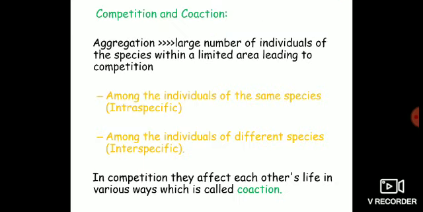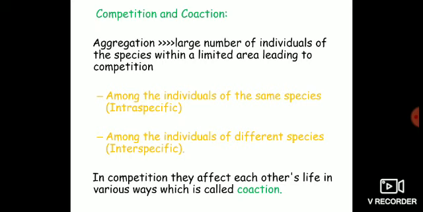And then one more step is competition and coaction. First of all we will discuss competition. As a consequence of aggregation in the new area, you have a lot of individuals within a limited space, and because of this limited space and large number of individuals, competition arises.